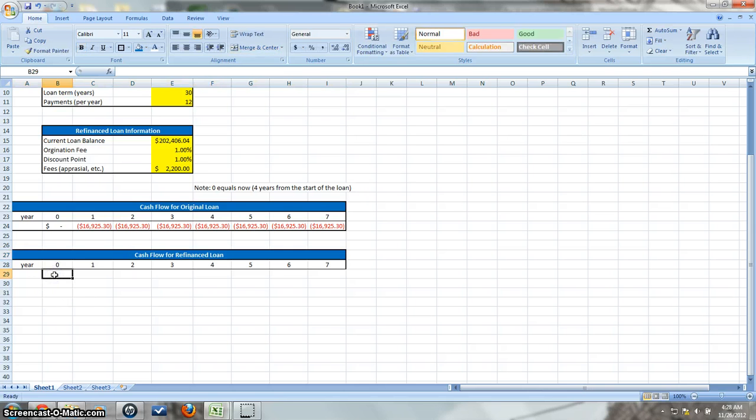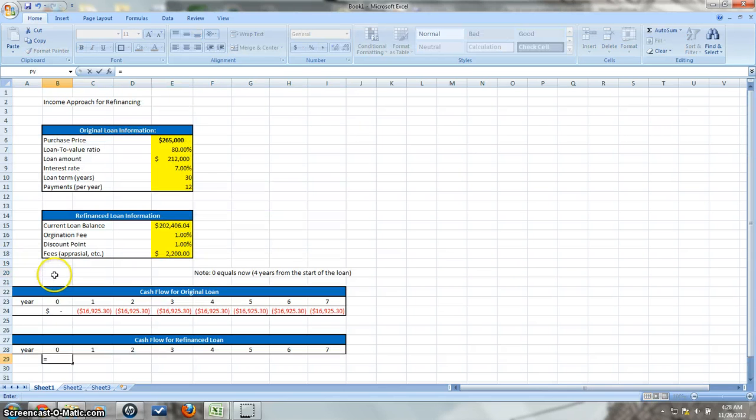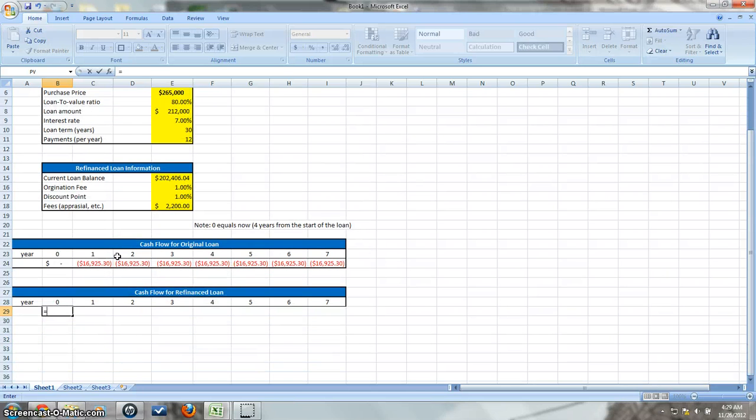And in year 0, you're going to have quite a few things, because from the information I got, you had to pay the origination fee, the discount point, and all fees right up front. So there was no adding it onto the loan or getting any cash value from it. As a direct result, you are going to have to take all this into account.